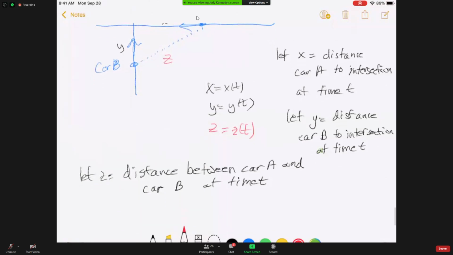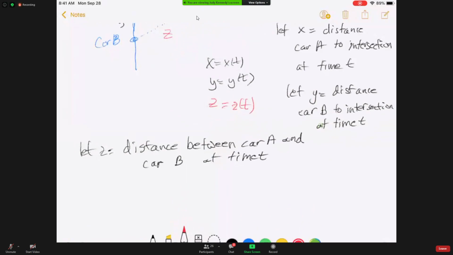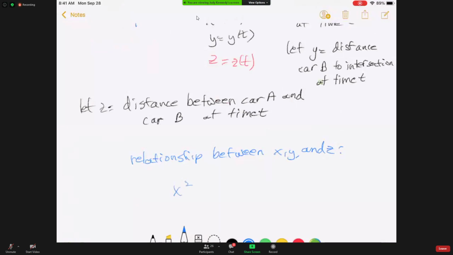But okay, so basic relationship. It's just x squared plus y squared is equal to z squared. But x, y, and z are all functions of time. x, y, and z are all changing.